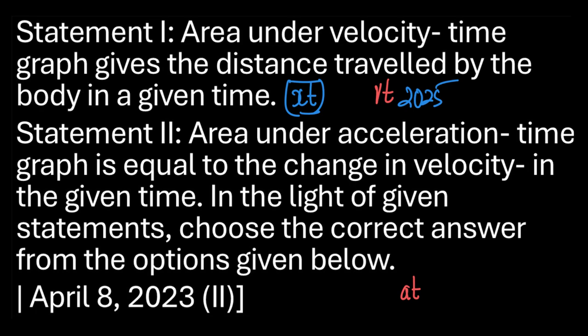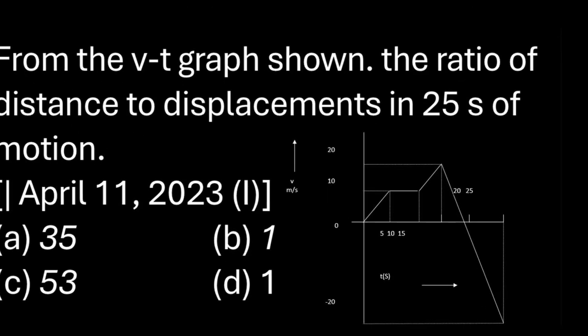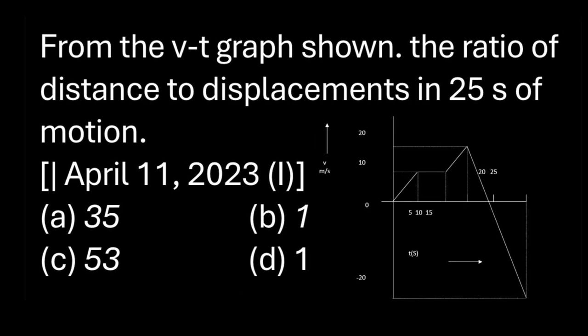I hope that makes sense, right? See, let's go to another question. 2023 again. What we have here is velocity time graph. 2023 velocity time graph. 2025 displacement time graph.